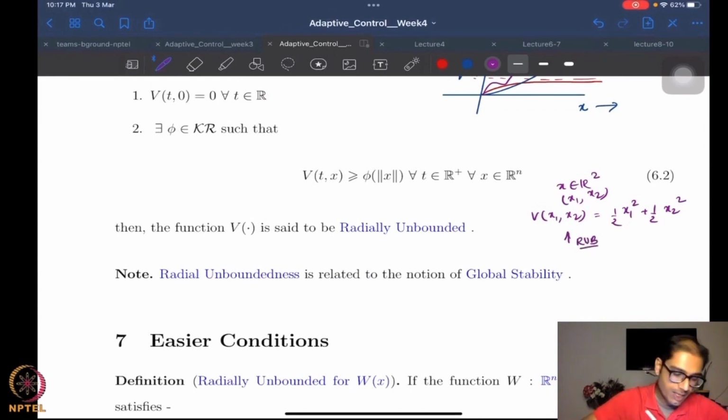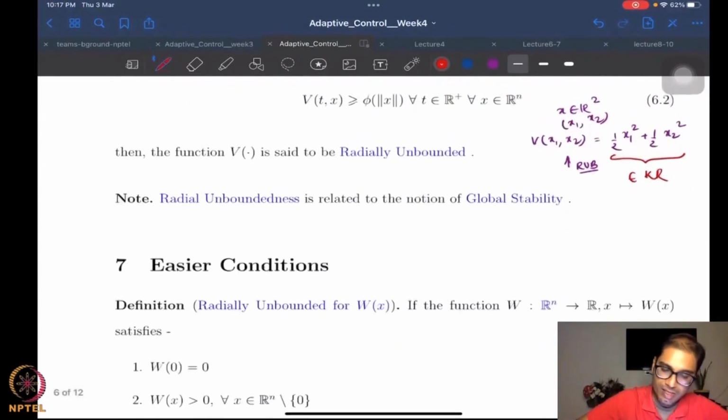Why is it radially unbounded? Because this in itself is a class KR function.